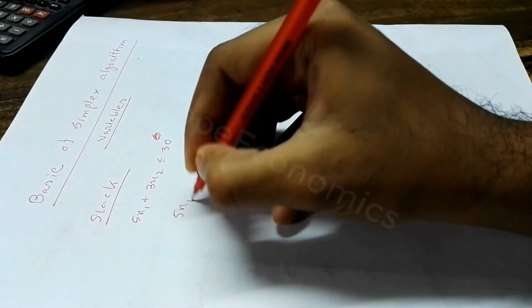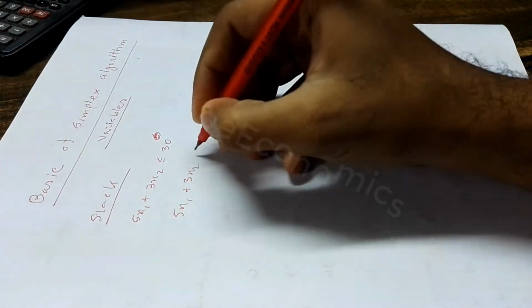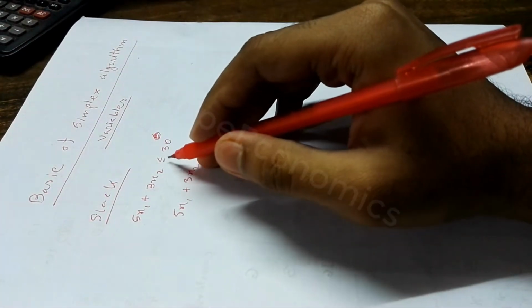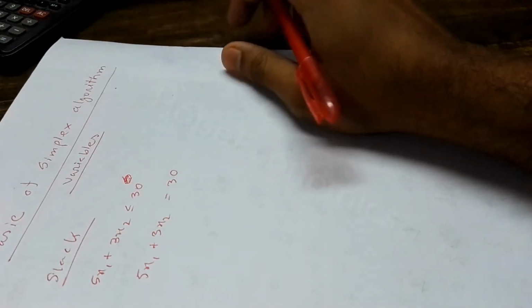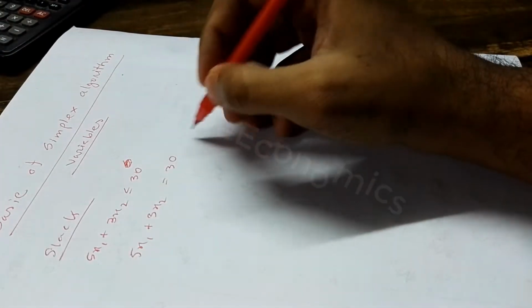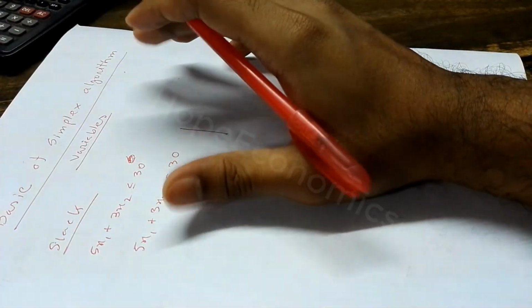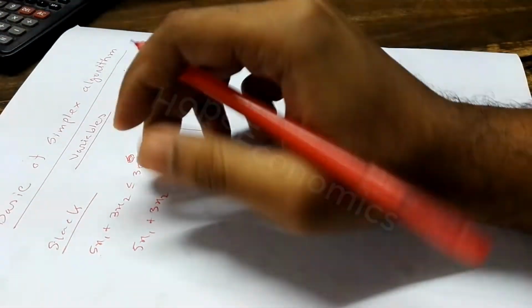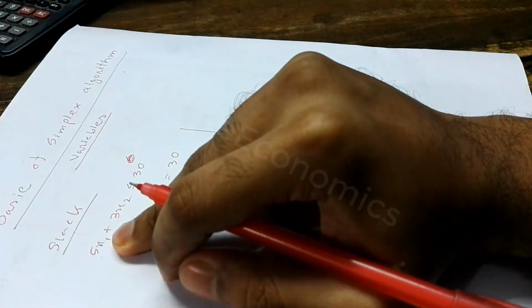There are two cases. One is 5x1 plus 3x2 equal to 30, if we consider it equal. In the other case, if x1 and x2 do not give a left-hand side equal to 30, it must be less than 30.